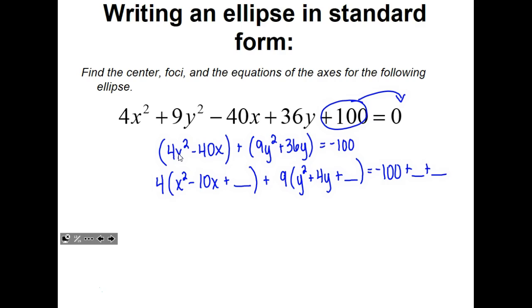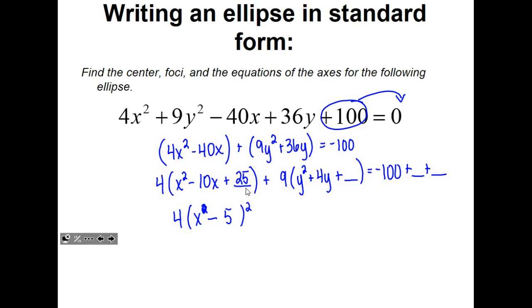Okay, so at this point we're ready to complete the square like we did with our circles. So we'll have 4 times x, I'm sorry, square does not go there. Square goes out here. X minus, because we use the same sign here, and then 10 divided by 2 is 5. Then we have to add 5 squared to get a 25 right here. Here's the catch.